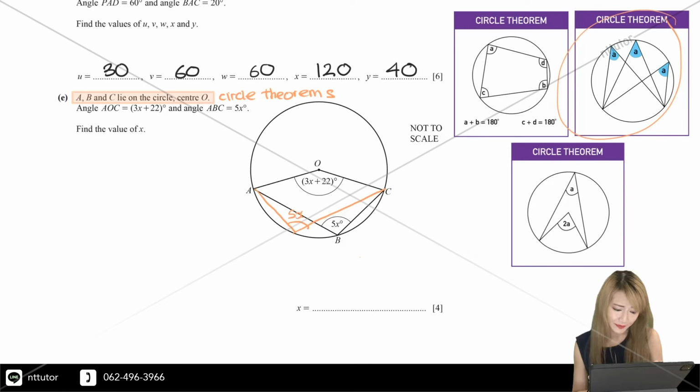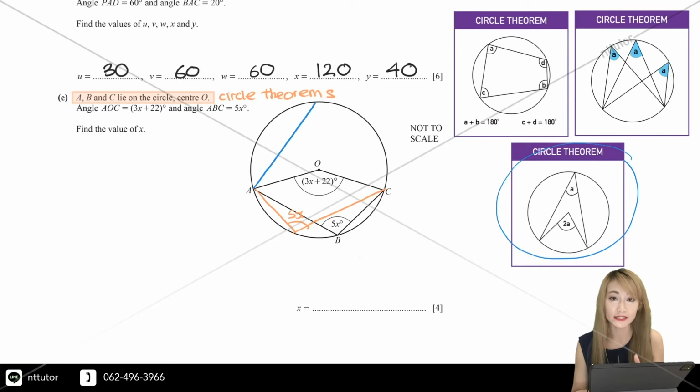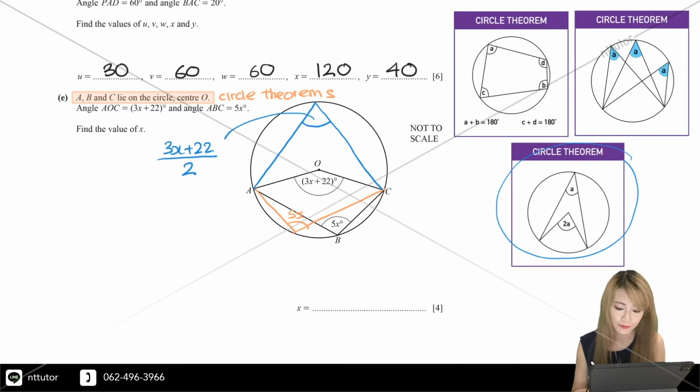But then angle AOC is at the center, so we can't apply it to that one. If I try to apply the circle theorem for the center and the circumference, that means that if I draw another line from segment AC in the same direction as the center, like this, the angle over here must be half of the angle at the center. So the angle over there is 3x plus 22 divided by 2, according to that circle theorem.